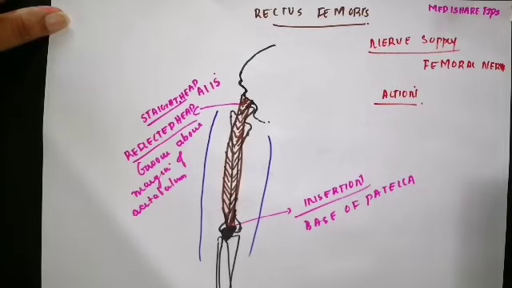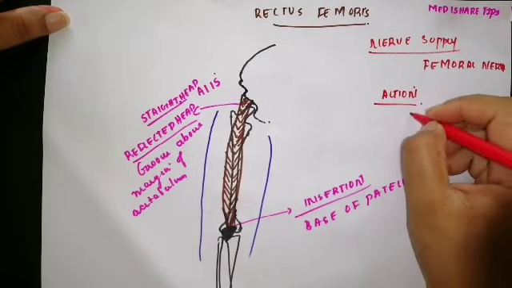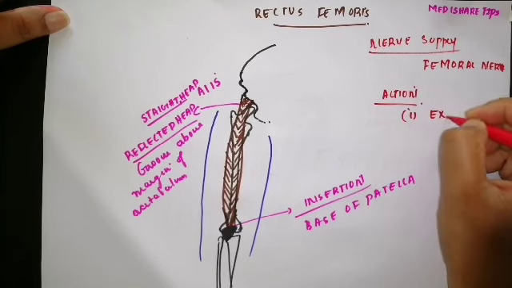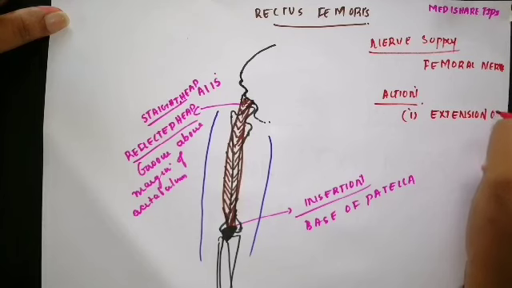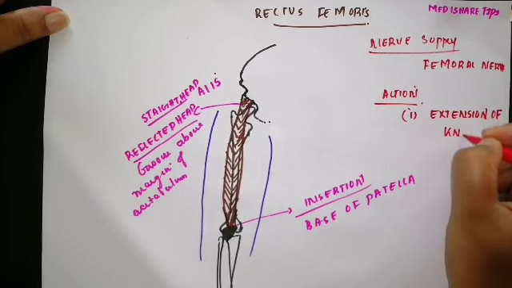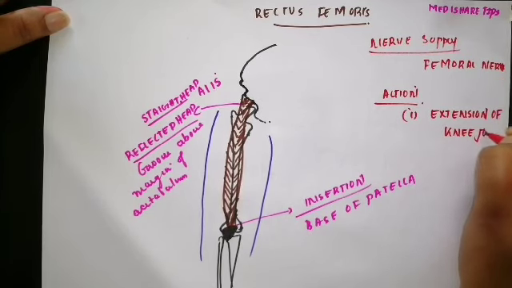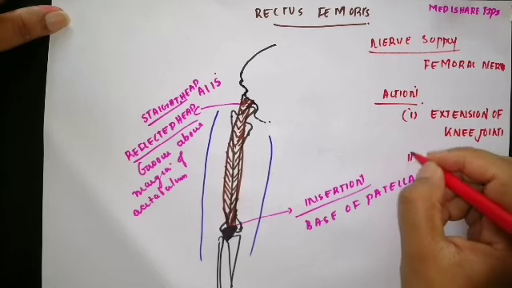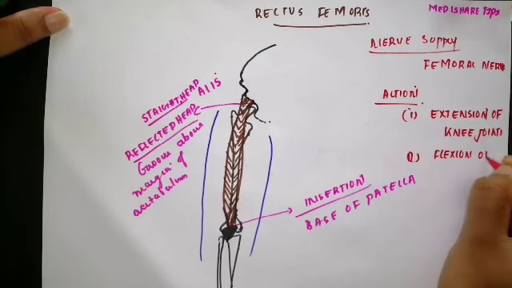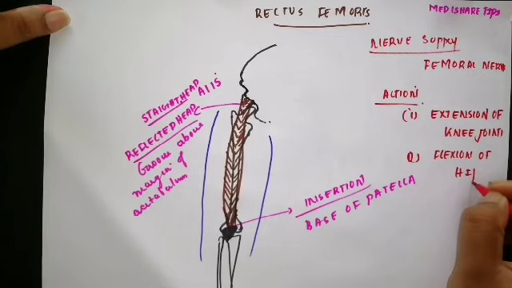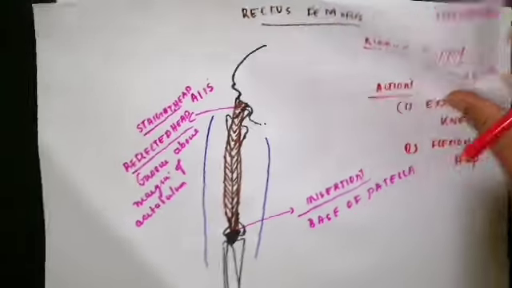We have said that all other muscles except the sartorius are extensors at the knee joint. Extension of knee joint and flexion of hip joint. So that's all about the rectus femoris muscle.